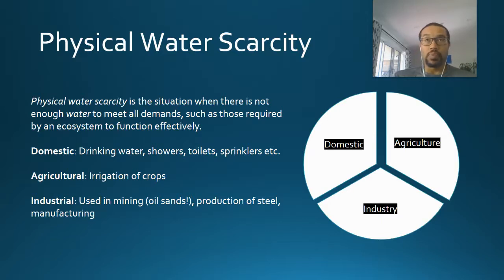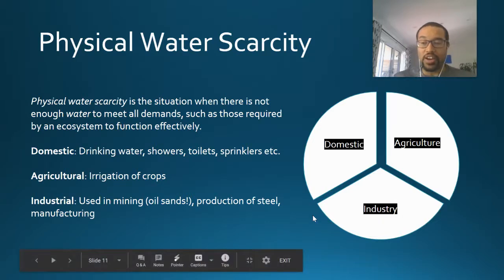Too numerous to name them all, but for example, in Alberta, they use a lot of water to mine oil, in particular from the oil sands, because that oil is bound to these particles of sand, and they have to be separated, blasted apart by superheated water.